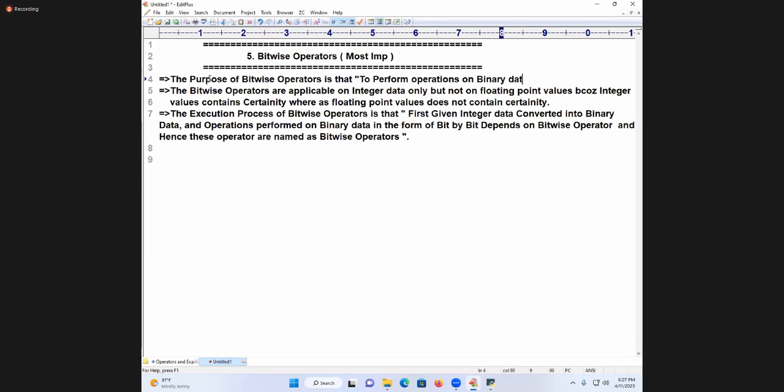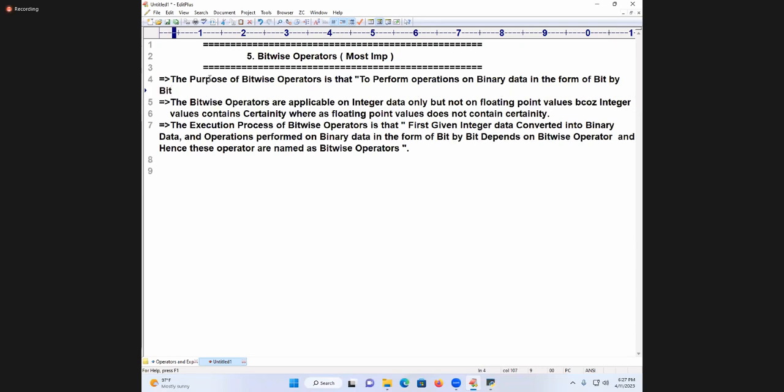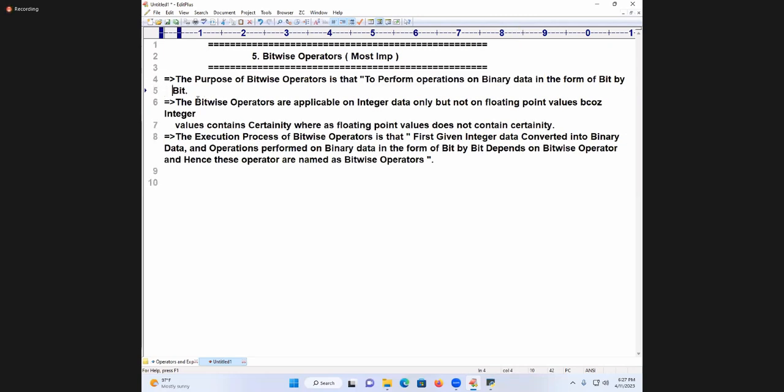Binary data, in the form of what? Bit by bit. How these operations will be done, I am going to show. The purpose of bitwise operators is to perform operations on binary data in the form of bit by bit.